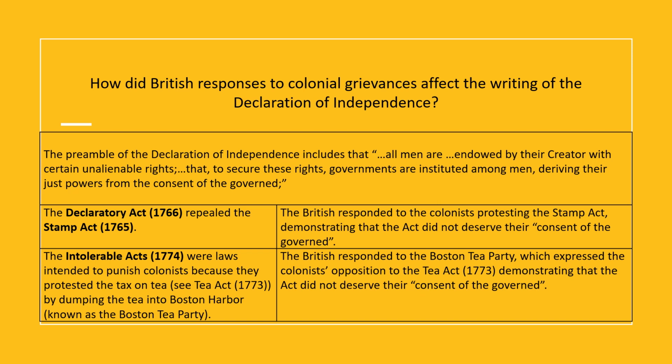This was a protest by saying, if the only tea that we can buy is the tea from the East India Company and it's highly taxed, we would rather live without our tea than to accept these terms. And so consequently, the Intolerable Acts were passed because of the British response to the Tea Act.